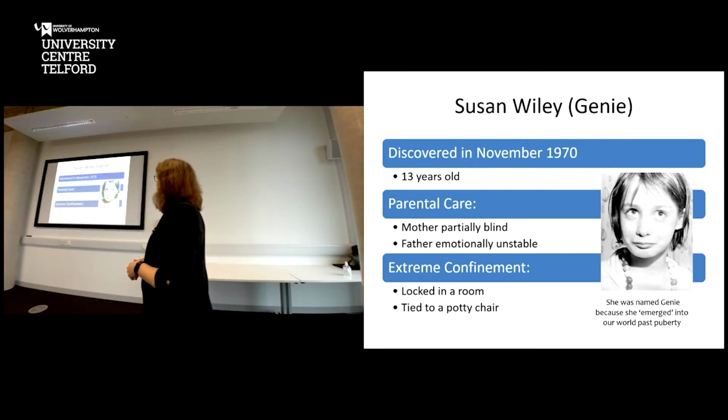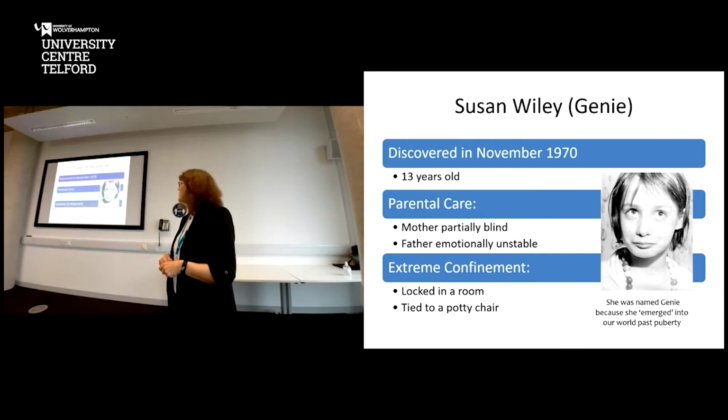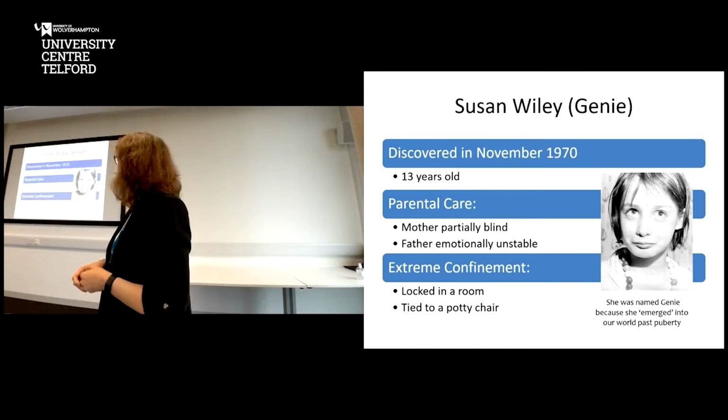But she was discovered at the age of 13. Her mother was partially blind, her father was emotionally unstable, and Susan had been locked in a room and tied to a chair. Because her father was very sensitive to sounds, she'd also learned to suppress any sounds that she might make, which is a factor in her language acquisition.